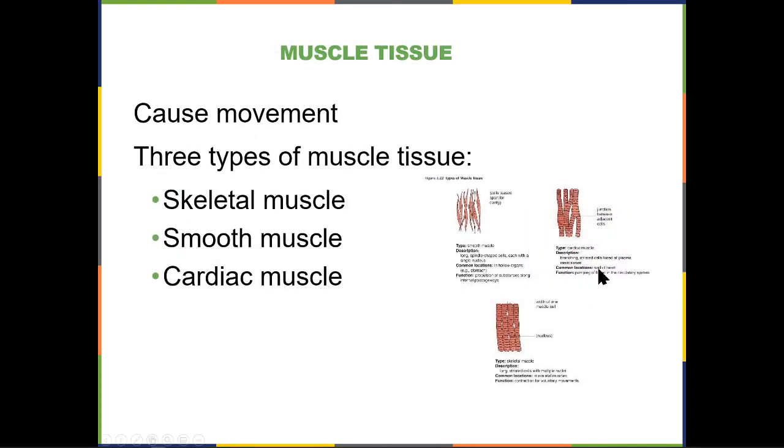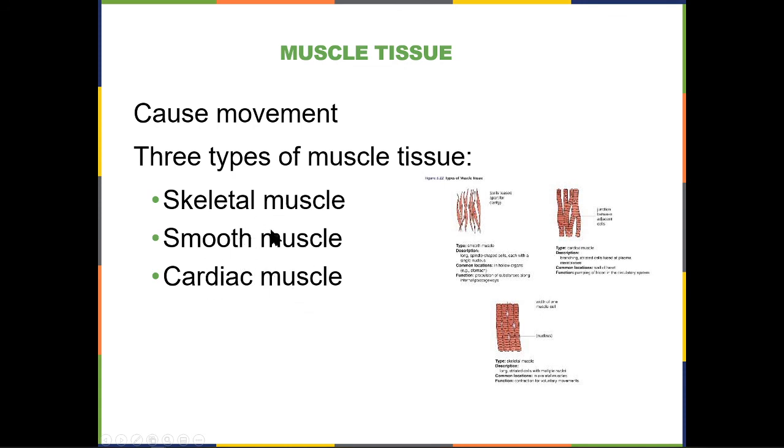Muscle tissue, as we stated before, is skeletal, smooth, and cardiac. Its job is all about movement. The muscle tissue can be controlled by the autonomic nervous system, which is that system of you not having to consciously think about it, that unconscious part.